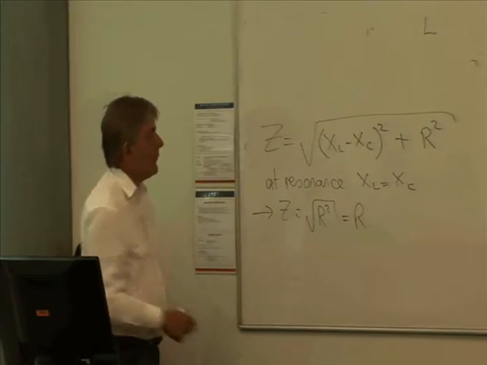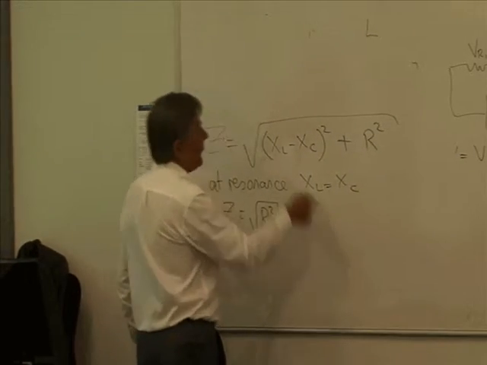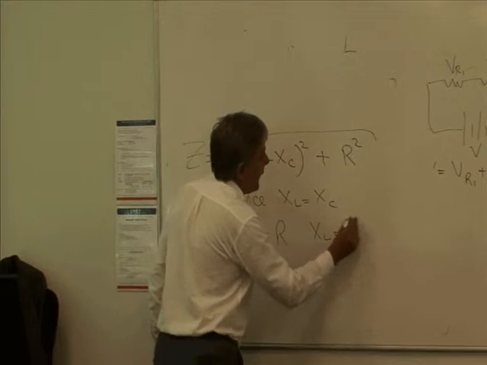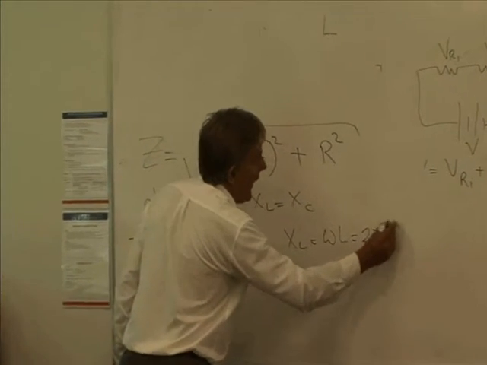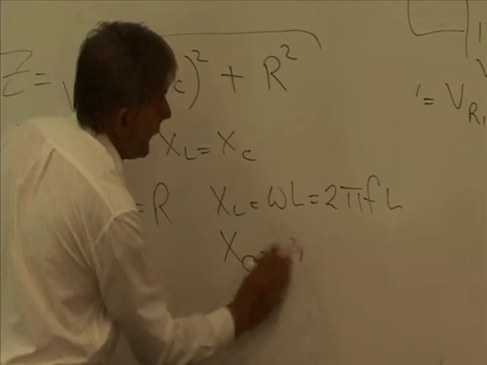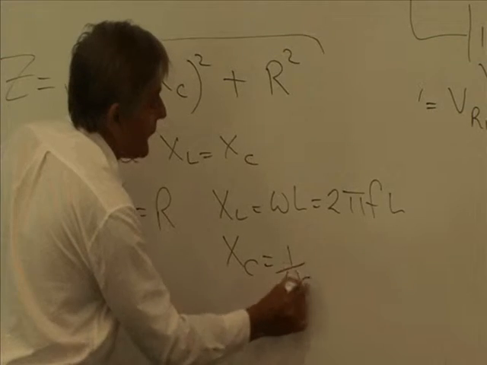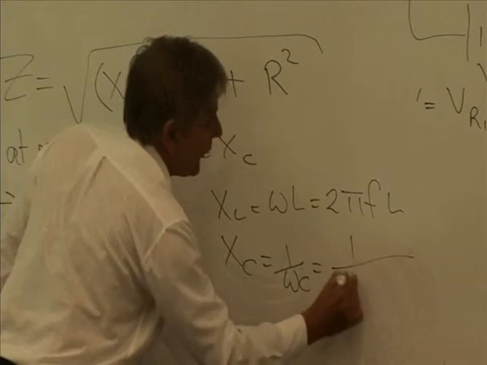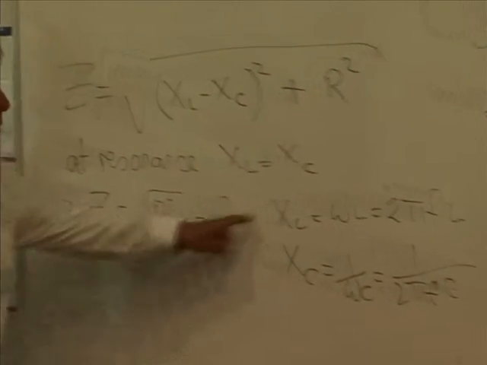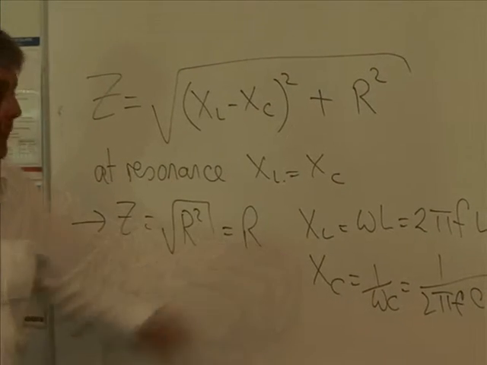So what is the resonant frequency? Well, as I said a minute or two ago, XL equals omega L, which equals 2 pi F L, and XC equals 1 over omega C, which equals 1 over 2 pi F C. And at resonance, these two things are equal.